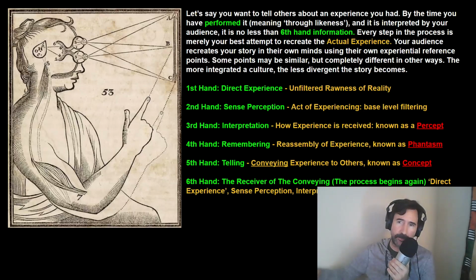This act of experiencing is not the same as the raw reality, right? So every single time you go from one step to another, from remembering to telling, there's a transformational shift happening, right?